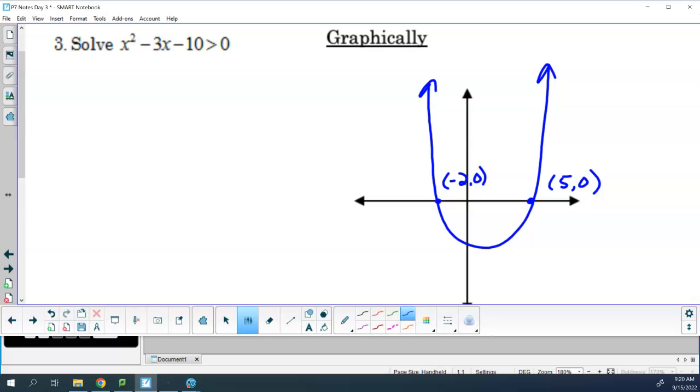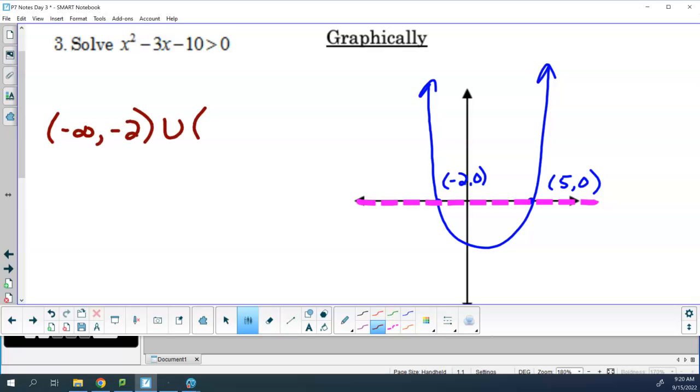Okay, I know that. So this is asking me where the parabola is greater than 0. So that would be where the parabola is above my dashed line. Well, that would be from -∞ to -2.